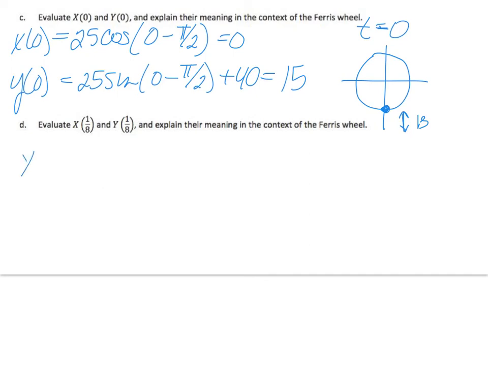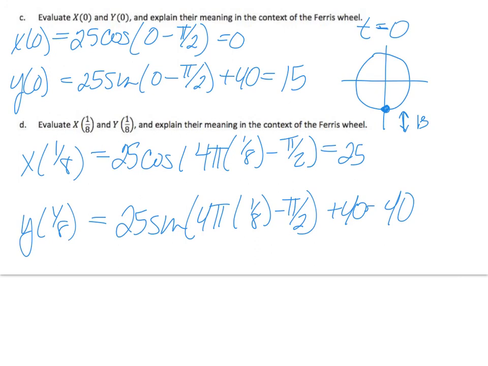Now let's evaluate x at 1/8 and y at 1/8 and see what happens. So x evaluated at 1/8 is 25, and y evaluated at 1/8 is 40. Let's see what that means. When the wheel has rotated for 1/8 of a minute, that means it rotated through a quarter turn, since one full rotation is half a minute.